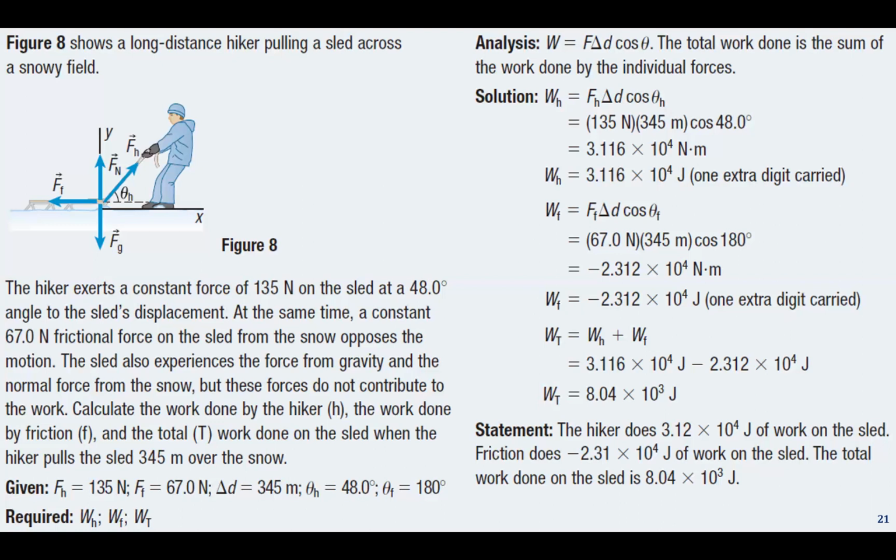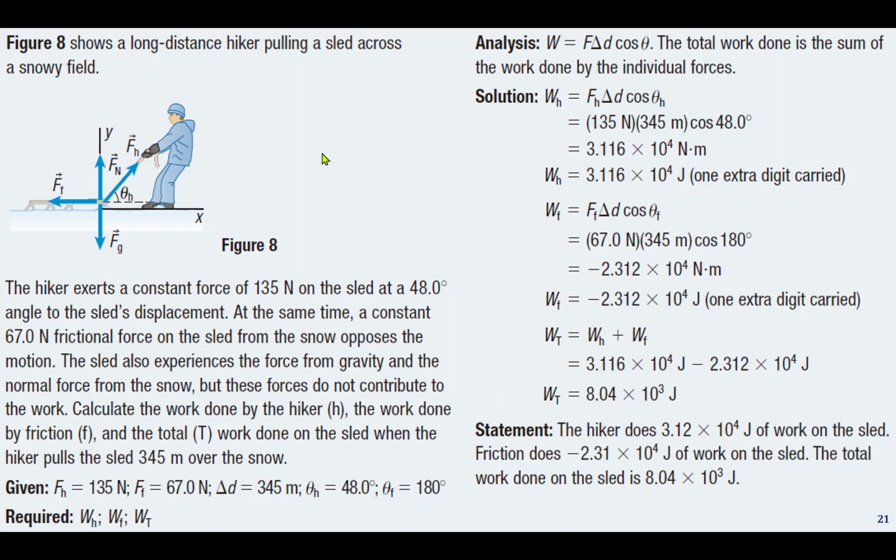And we want to find the work done by the hiker, WH, by the frictional force, WF, and the total work, which is denoted by WT. Oh sorry, the total work is denoted by WT, not the tension. Okay, so we can use the formula for the work to find these works.